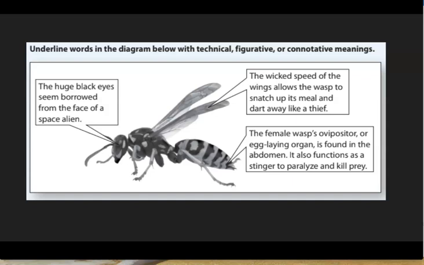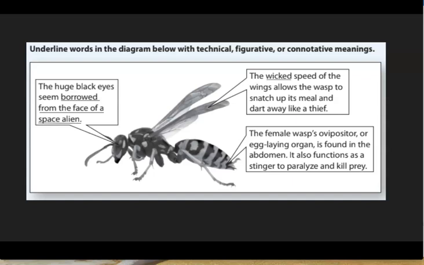Okay, looking at the left. The huge black eyes seemed borrowed from the face of a space alien. Looking at those words used in that little passage, I see that there was a creative way to explain to us what it looks like. So what I'd like for you to do is underline borrowed from the face of a space alien.